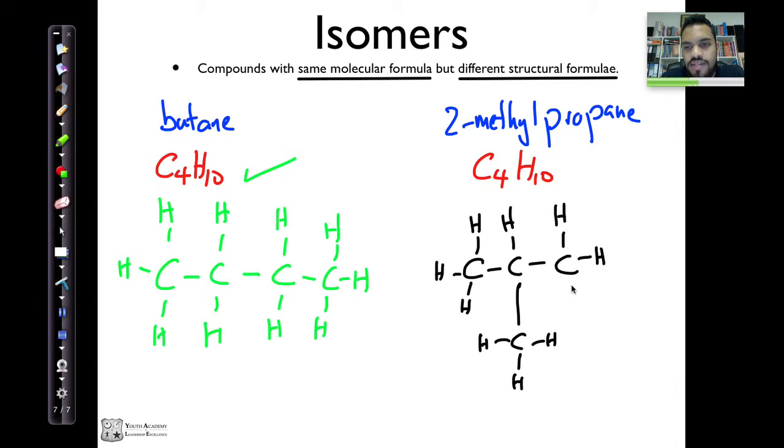Let's start looking at the number of atoms. If we count the number of carbons here, 1, 2, 3, 4, there are 4 carbons. And for the hydrogens, there's 3, 4, 5, 6, 7, 8, 9, 10. So we can see that they've got the same molecular formula.